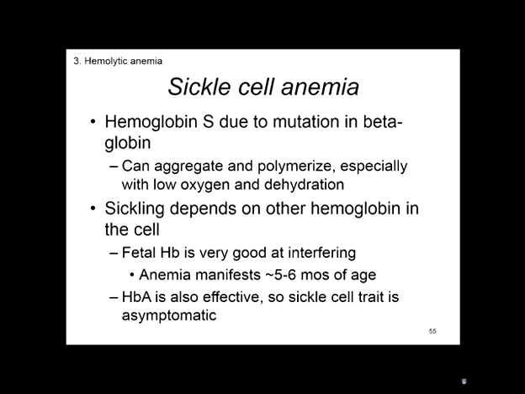In the case of sickle cell anemia, these mutations lead to abnormal beta chains that cause the cells to aggregate, and the polymerization of these chains ends up changing the shape of the cell. So the type of mutation in the beta globin genes in sickle cell anemia doesn't lead to reduction. It leads to a malformation, okay? And these cells are much more likely to change shape under stressful conditions.